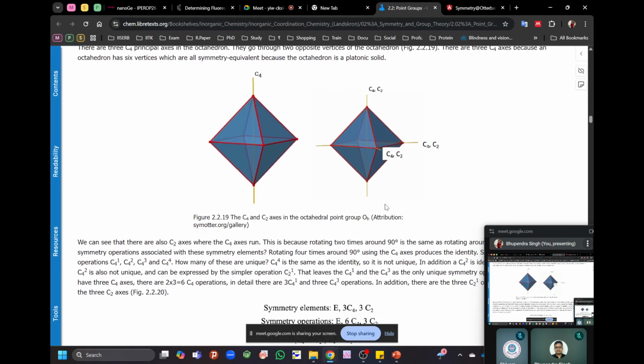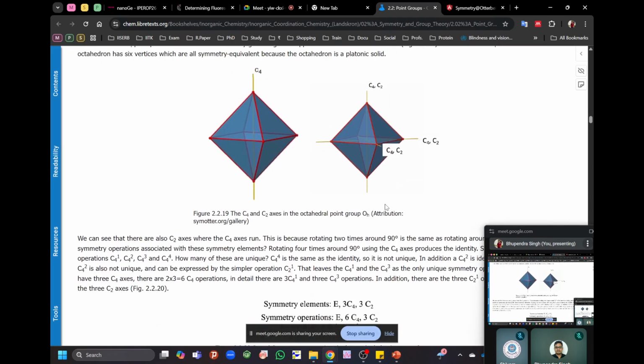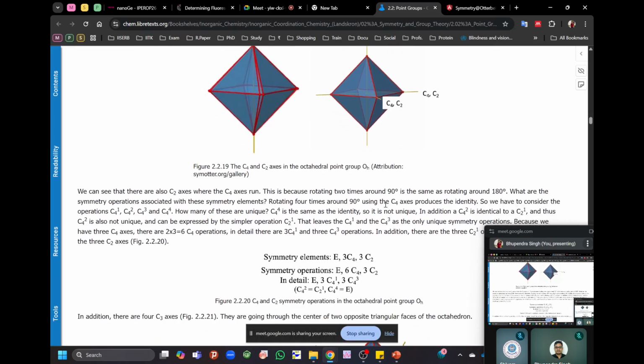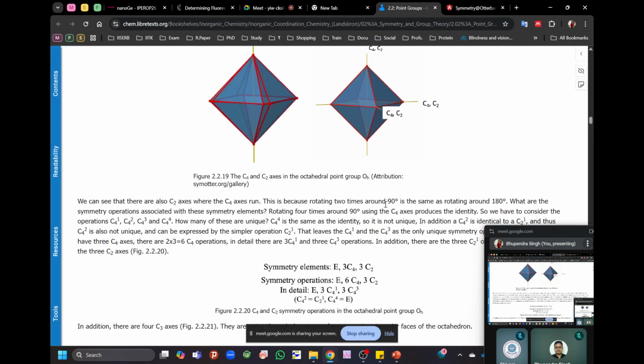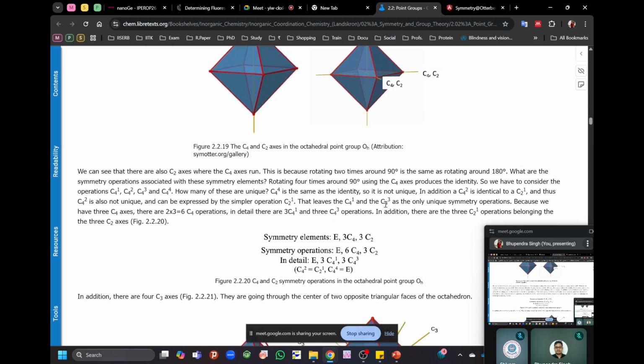So C2 is also present. Now number of C2s, number of C4s, you can figure it out easily now. So it is actually easier to find out.